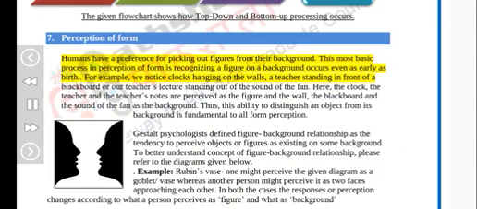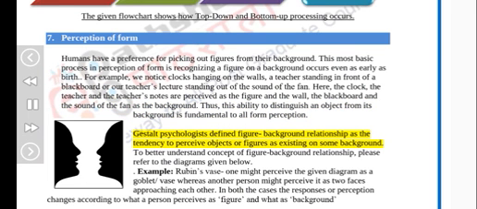This most basic process in perception of form, recognizing a figure on a background, occurs even as early as birth. For example, we notice clocks hanging on the walls, a teacher standing in front of a blackboard, or our teacher's lecture standing out of the sound of the fan. Here, the clock, the teacher, and the teacher's notes are perceived as the figure, and the wall, the blackboard, and the sound of the fan as the background. Thus, this ability to distinguish an object from its background is fundamental to all form perception.